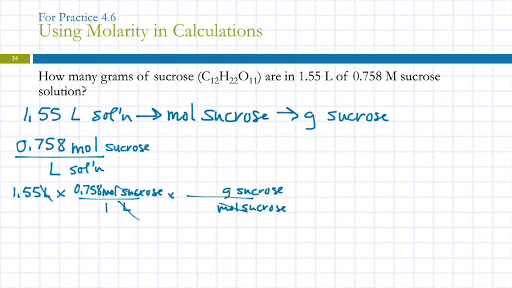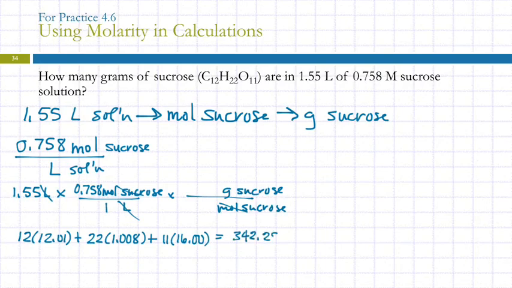And then here I need the molar mass of sucrose. So we have to calculate that. 12 times the mass of carbon plus 22 times the mass of hydrogen plus 11 times the mass of oxygen. 342.296.